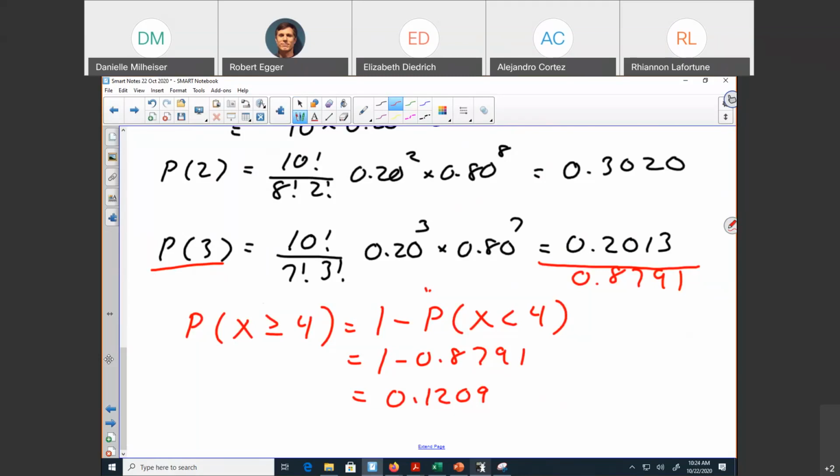The probability of having either 0, 1, 2, or 3 students is just under 88%, 0.88, which means just over 12% would have been either 4, 5, 6, 7, 8, 9, or 10 students saying they stole.